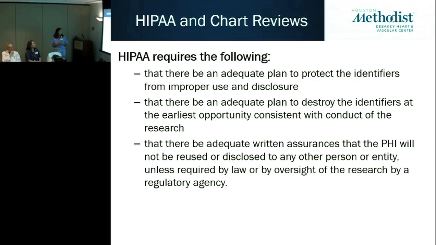There has to be adequate written assurance that the PHI will not be reused or disclosed to any other persons. So you say specifically who's going to have access to it. One of the questions is, tell me who's going to have access to it, how they're going to have access to it, where they are going to store it, how you are going to keep it secure, things like that. So make sure you have that information in.